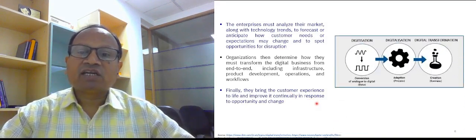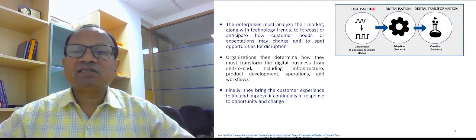The enterprises must analyze the market along with technology trends to anticipate how customer needs or expectations may change, and to spot opportunities, especially in disruption technologies. Organizations then determine how they must transform digital business from end to end, including infrastructure, product development, operations, and workflows. Finally, they bring customer experience to life and improve it continually in response to opportunity and change.